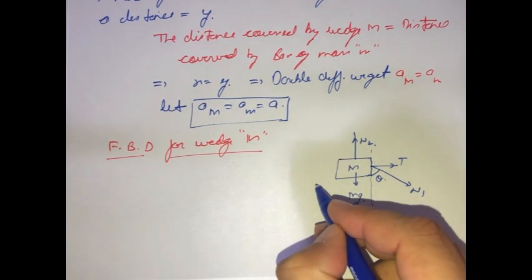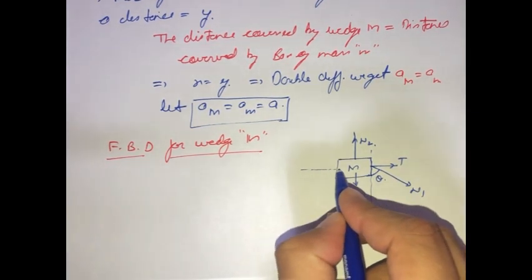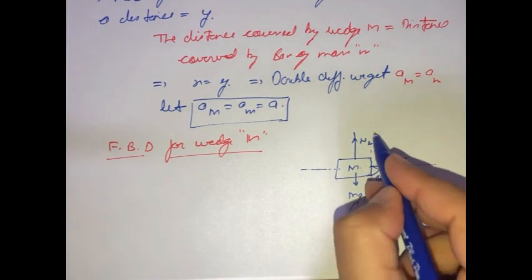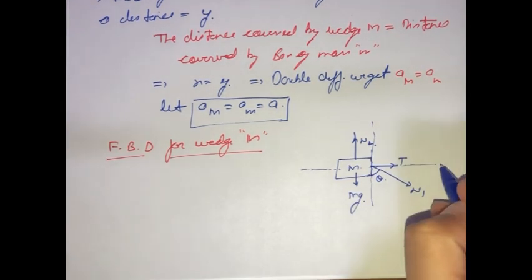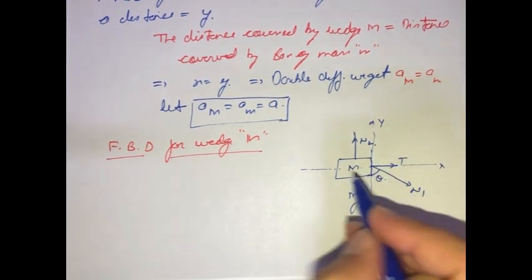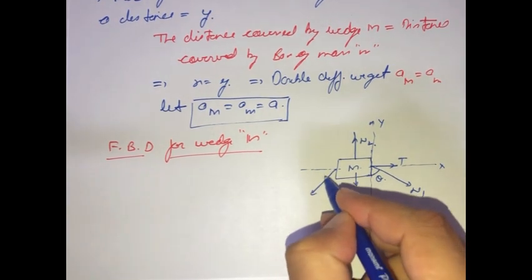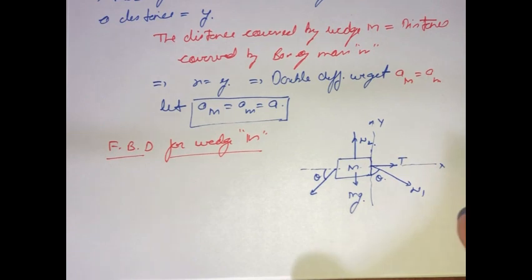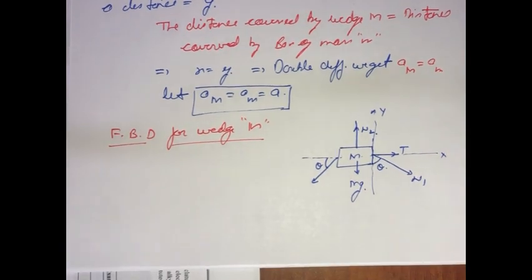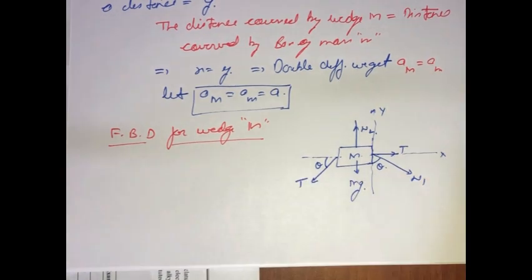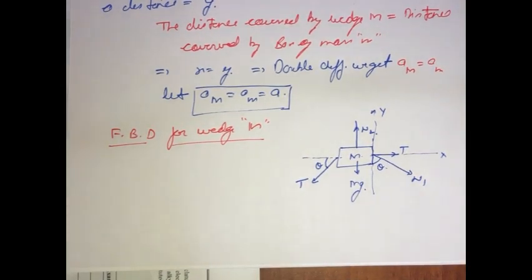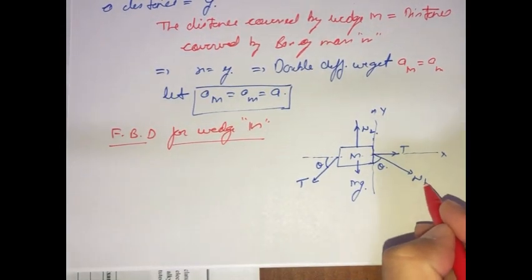Okay. So let us make these two coordinates. This is x and this is y, and there will be tension T which will be making an angle of theta with the horizontal. Okay, this is tension T. Now we can divide this N1 into two parts.